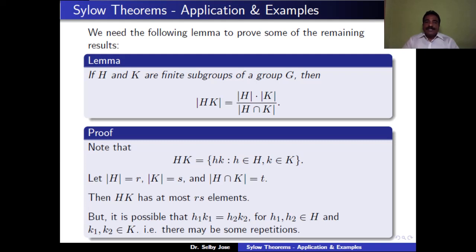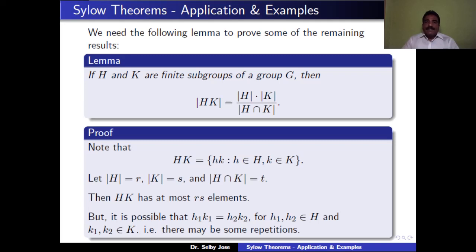We need to show that the cardinality of HK is equal to rs upon t. Now since H contains r elements and K contains s elements, HK contains at most rs elements. That means the number of elements in HK is less than or equal to rs.